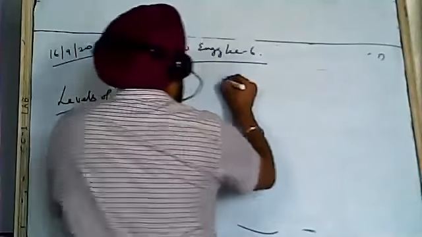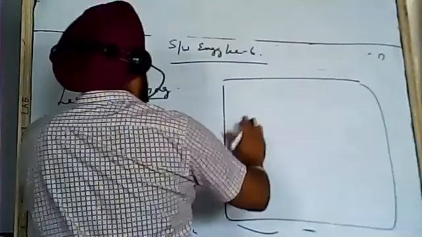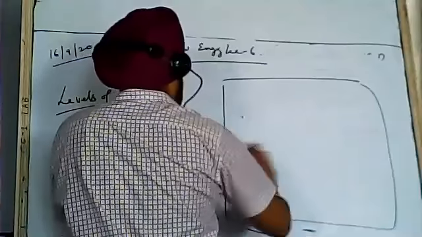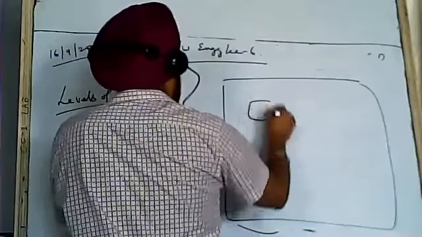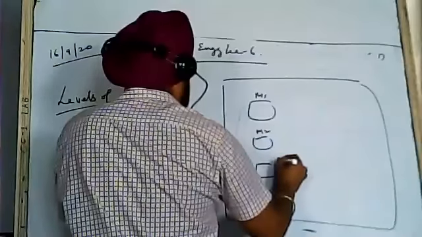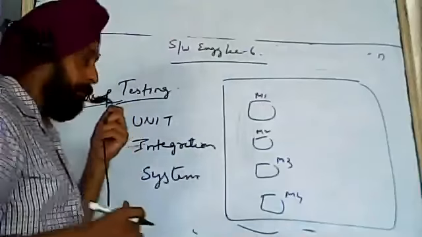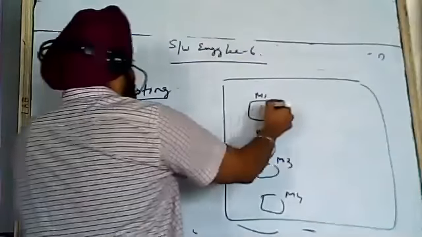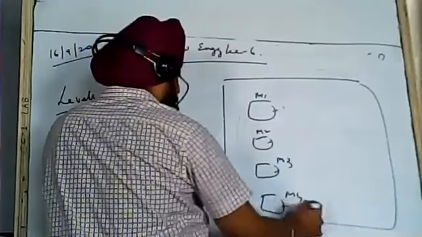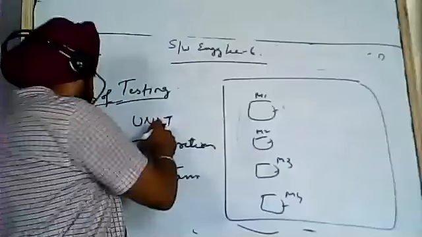Suppose this is your software product, and there are different modules. We have written code for module 1, module 2, module 3, and module 4. Unit testing means you individually test module 1, module 2, module 3, module 4, find the errors and debug them. That type of testing is unit testing.